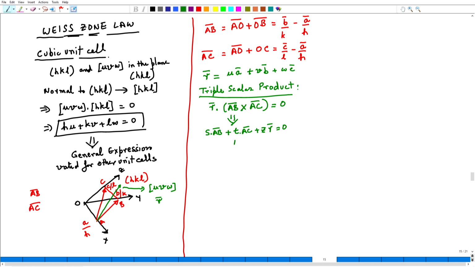So, this can be written in another form as the vector R.